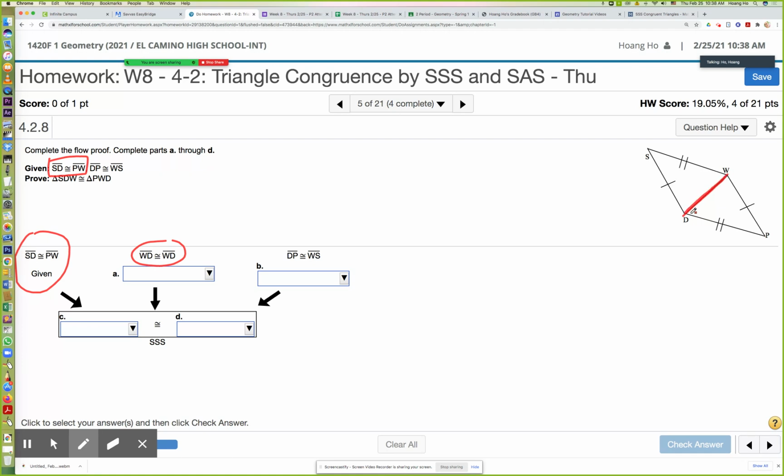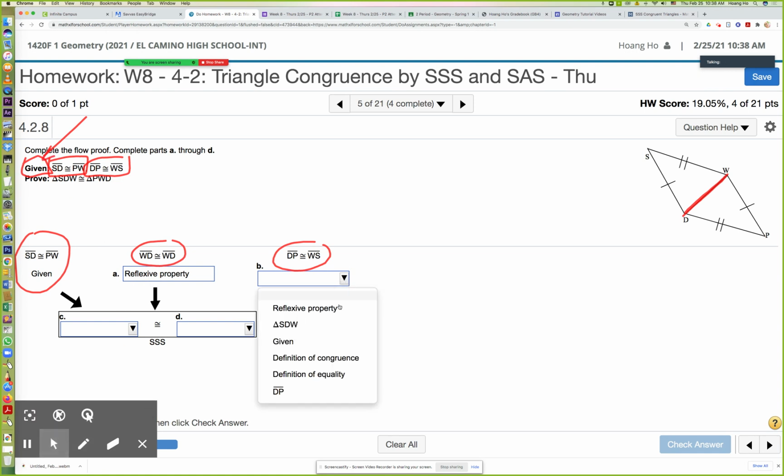WD congruent to WD. What do we use for the reason? Reflexive. Common side equals itself. Now, DP congruent to WS. Is that given right here? It's given. So I put given.